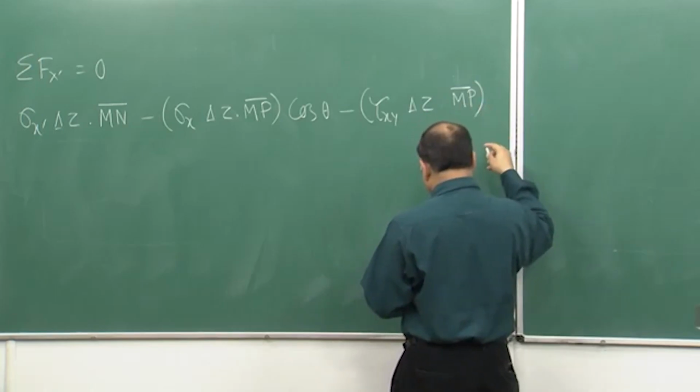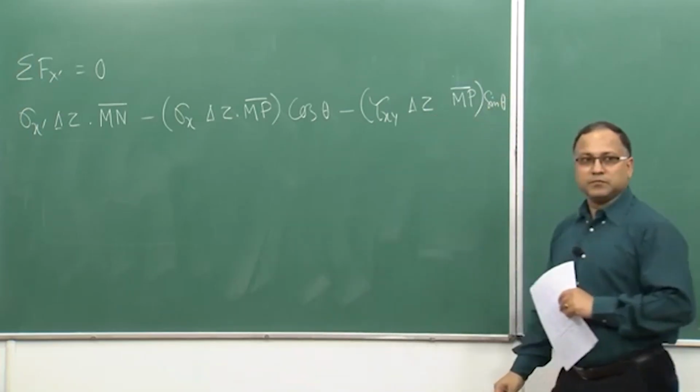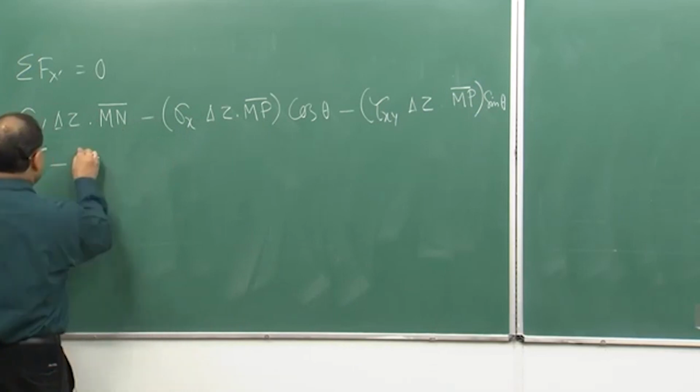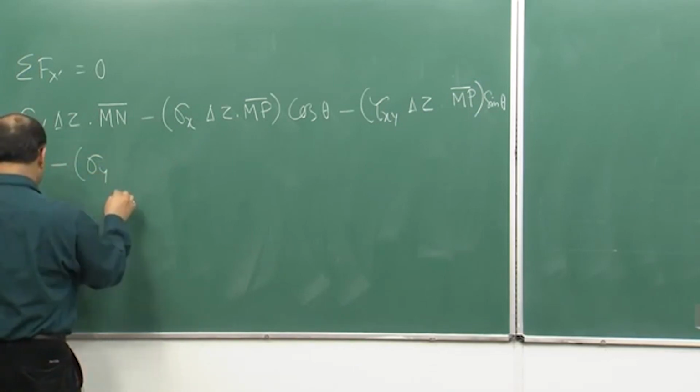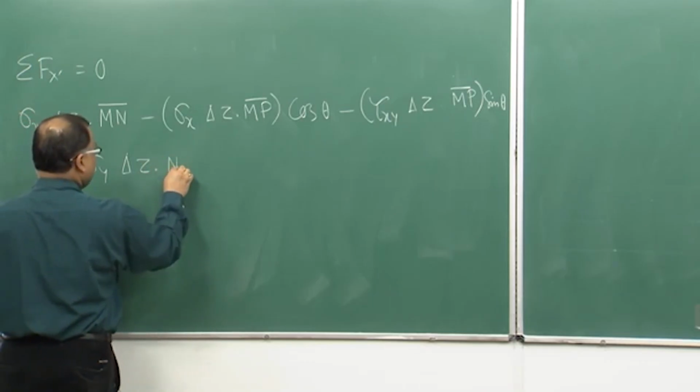I have to take the component of that, which will be sin theta. Similarly, sigma y delta z into NP.